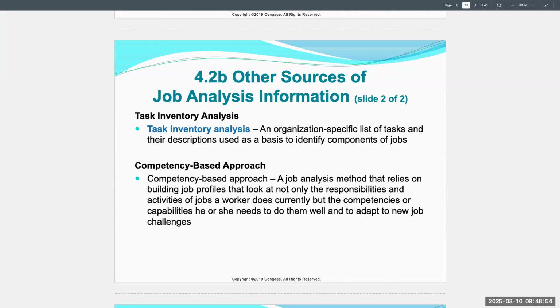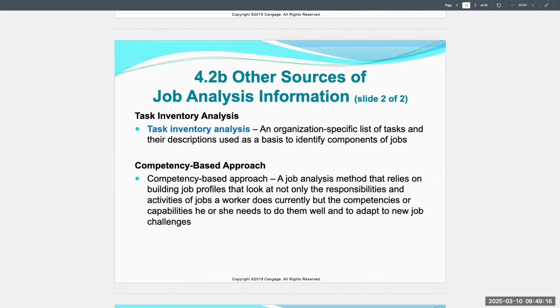So you're looking at things like manufacturing or technical fields. By identifying and categorizing tasks, companies can design training programs, set performance metrics, and ensure compliance with operations standards. However, this method primarily focuses on what employees do rather than their ability to adapt to change.